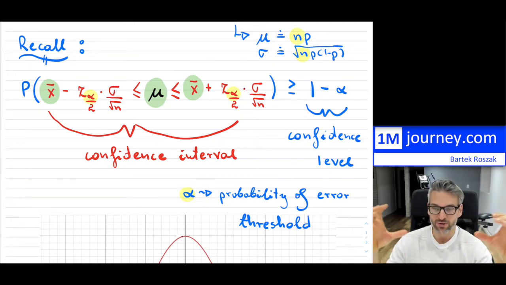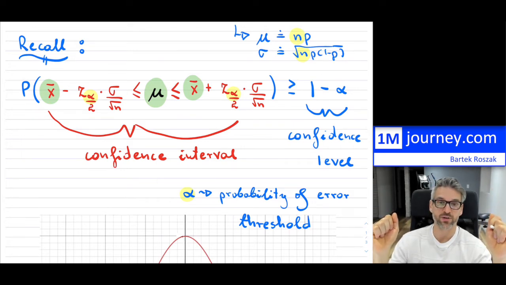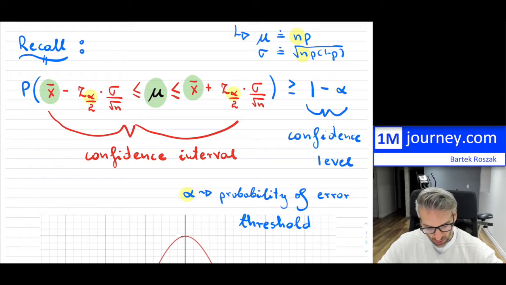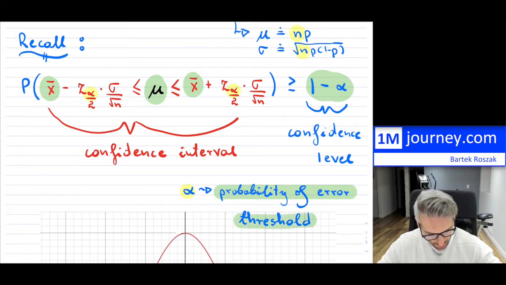That interval would say that this is where, with some confidence level, our actual mean would lie. So our confidence level is 1 minus this alpha. An alpha was simply the probability of error, the threshold that we are to tolerate.